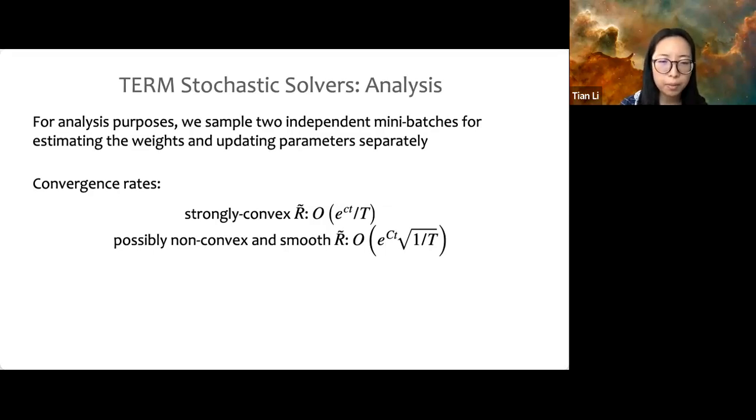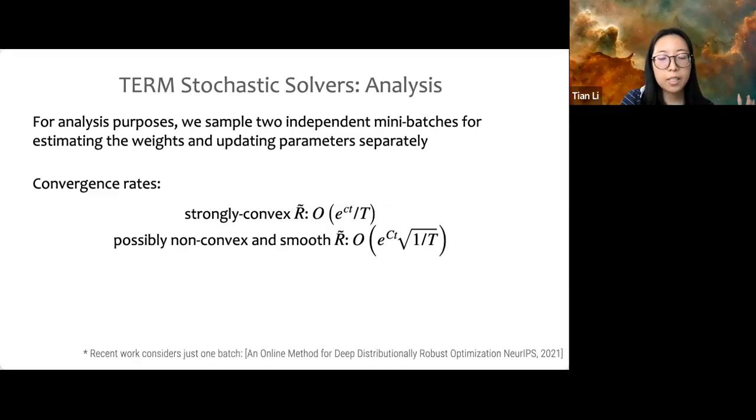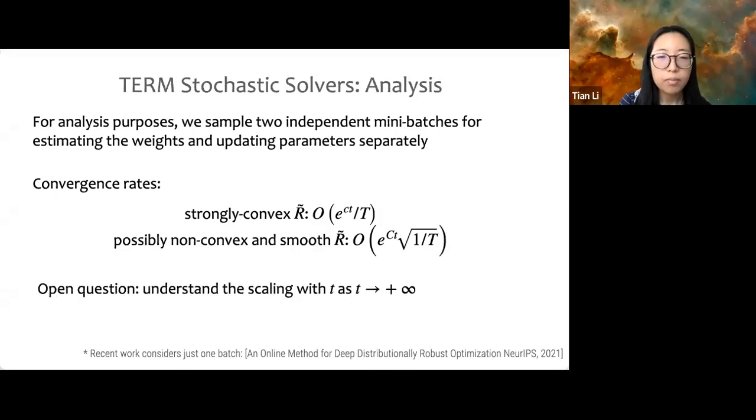And in the possibly non-convex and smooth case, our rate is basically square root of 1 over t. So we see that they are almost the same as the classic convergence rate of SGD, except that there is an exponential constant, if t is bounded, in the rate.